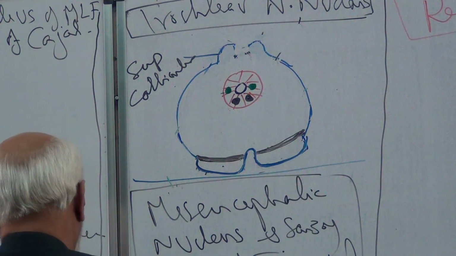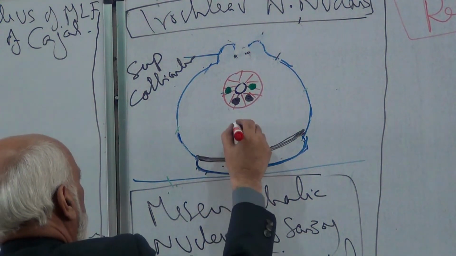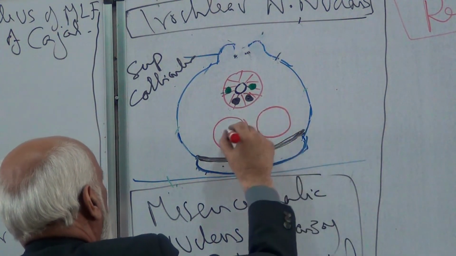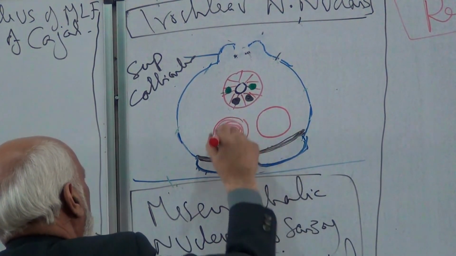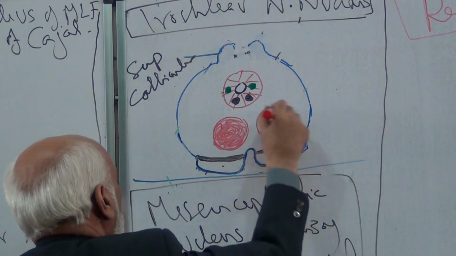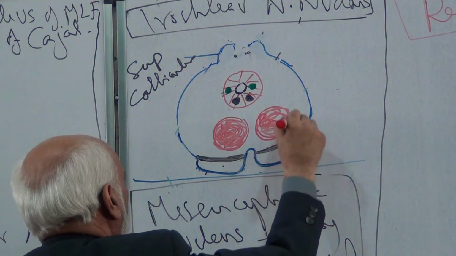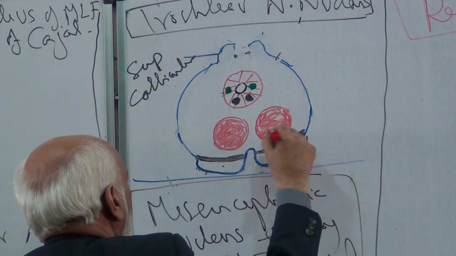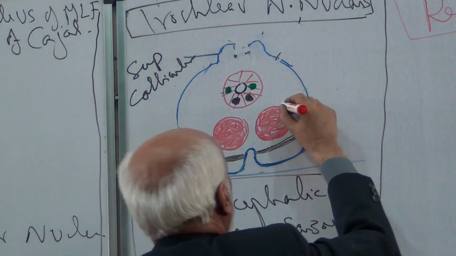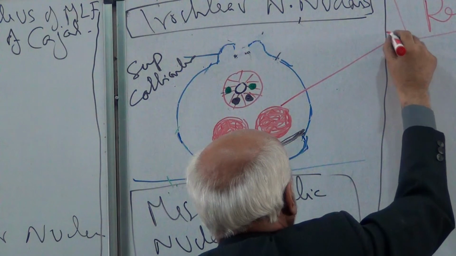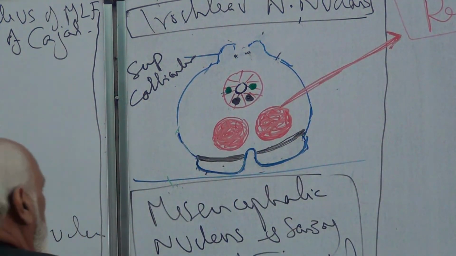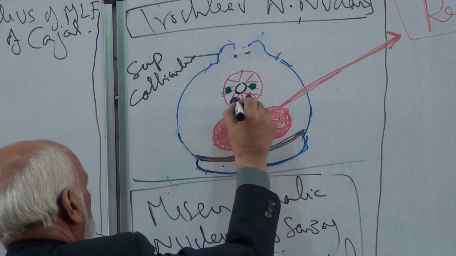On each side, posterior to the middle part of the substantia nigra, are the right and left red nuclei.